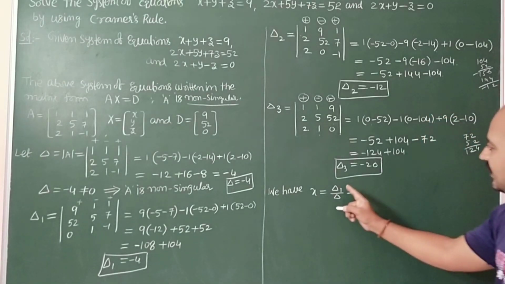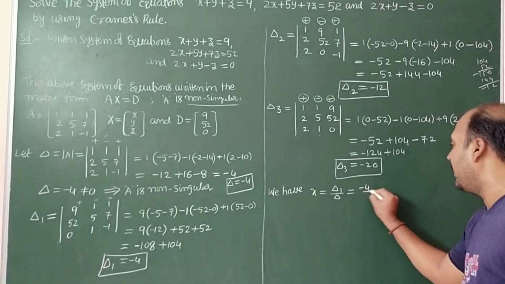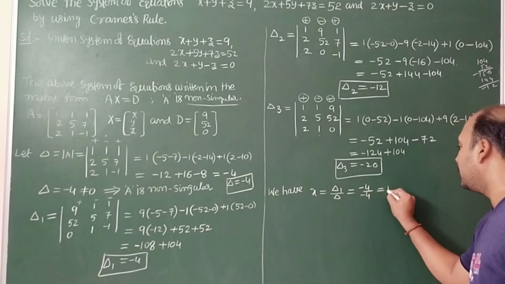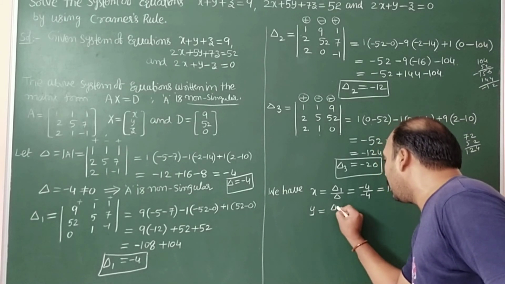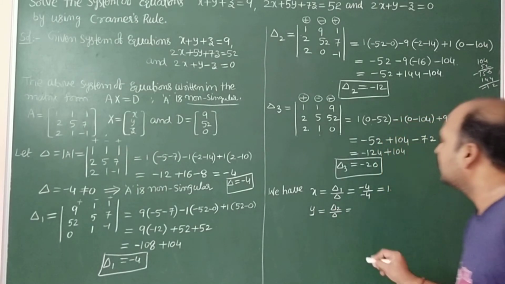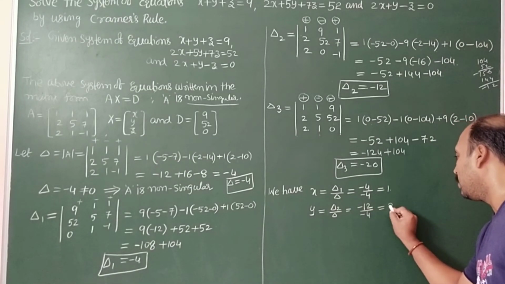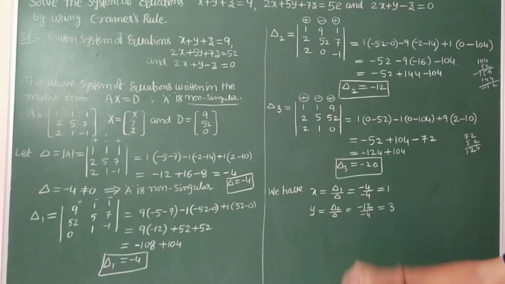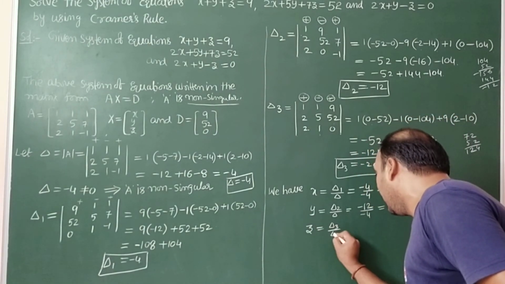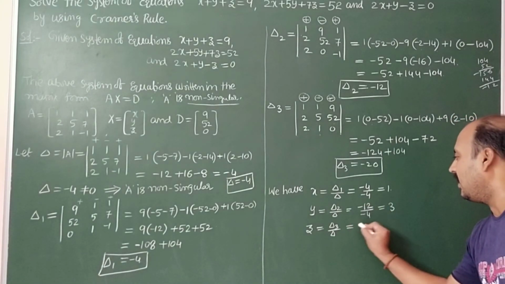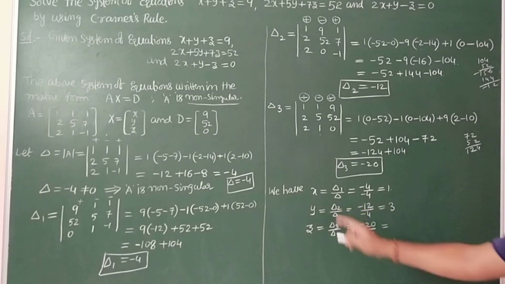Delta 1 we got as minus 4, so minus 4 divided by minus 4 is equal to 1. y is equal to delta 2 divided by delta, so minus 12 divided by minus 4, which is equal to 3. Next, z is equal to delta 3 by delta, minus 20 divided by minus 4, which is 5.